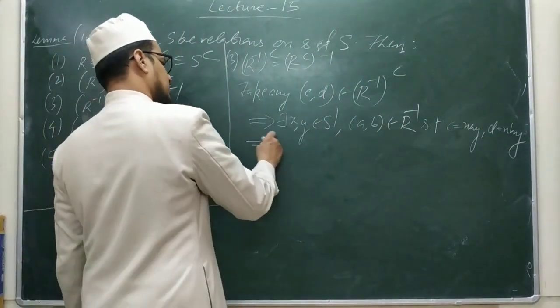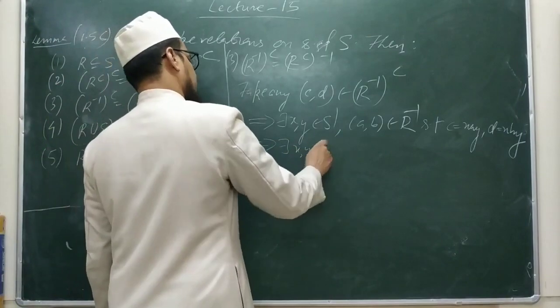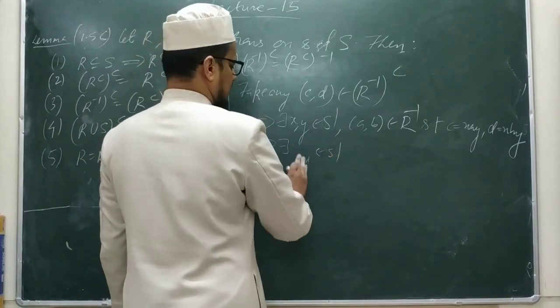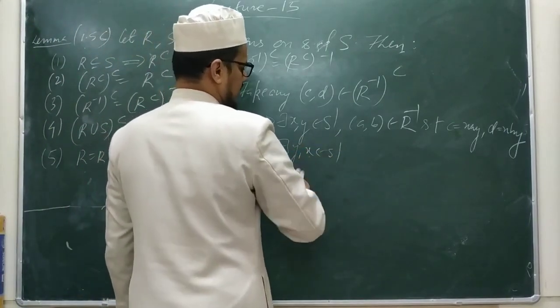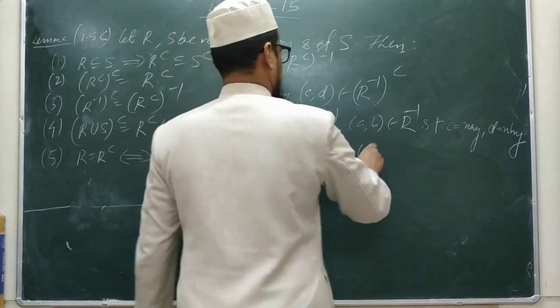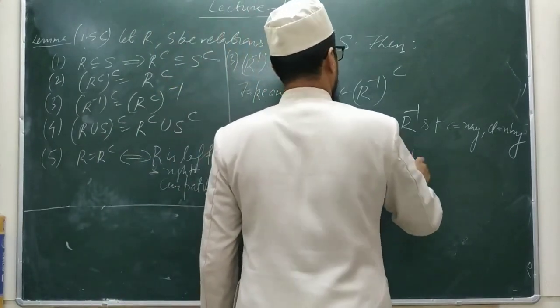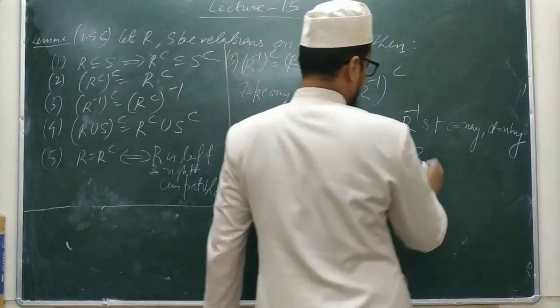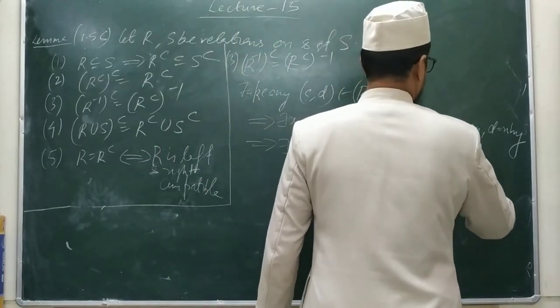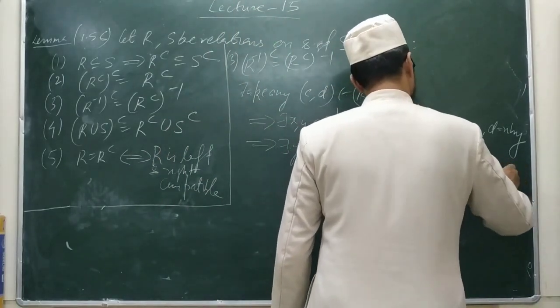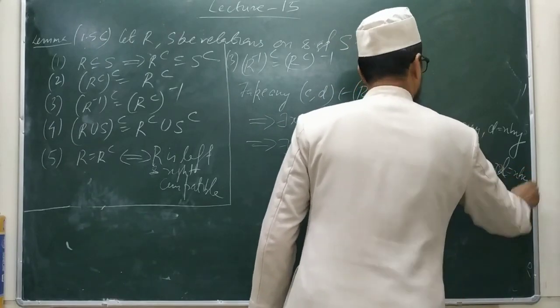Now it implies that there exists X, Y belonging to S1. You can just write Y, X belonging to S1 and B, A belongs to R such that C is equal to XAY, D is equal to XBY.